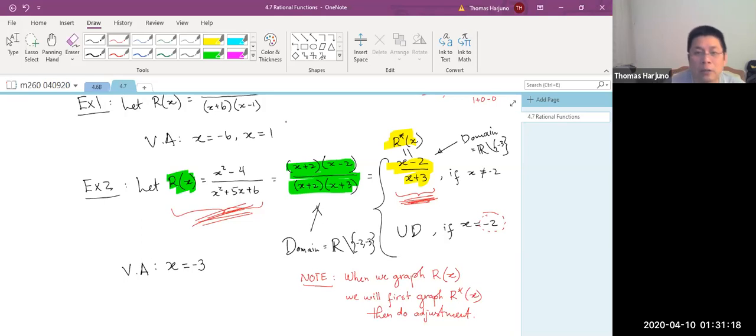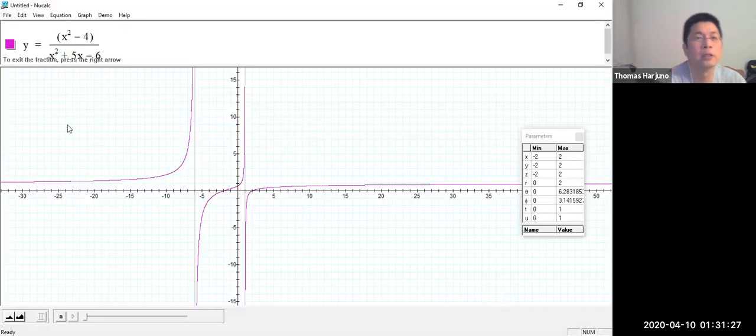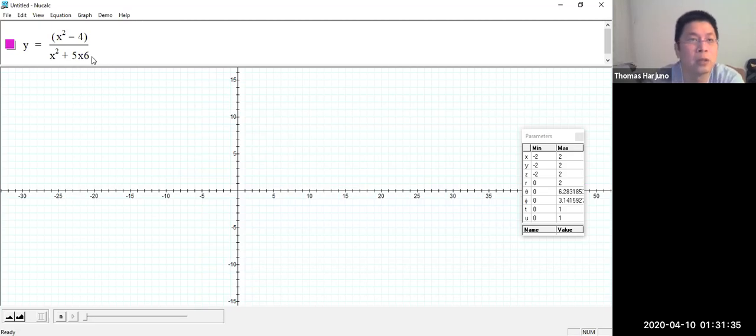Okay, now let's go to my graphing software. I need to change this guy here. It becomes plus, divided by x squared plus 5x plus 6.